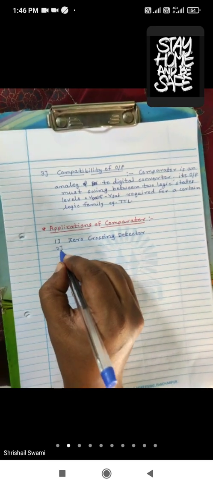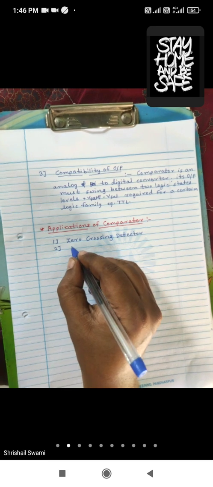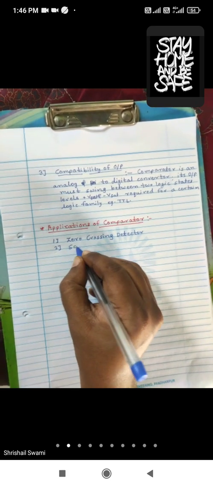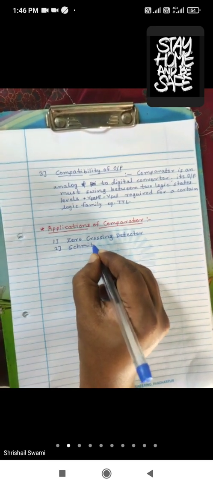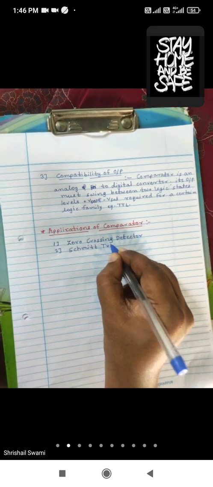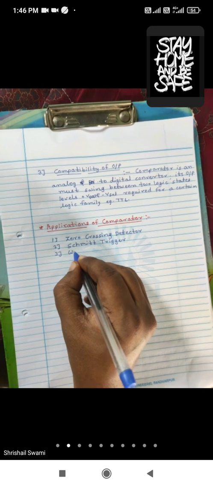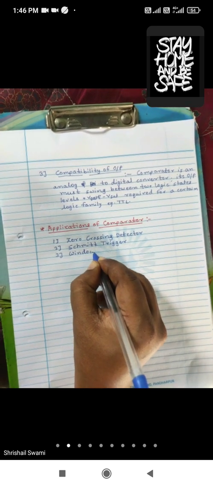Next, second application is Schmitt trigger. Third one is window detector.